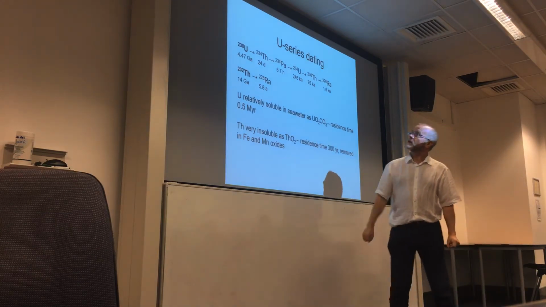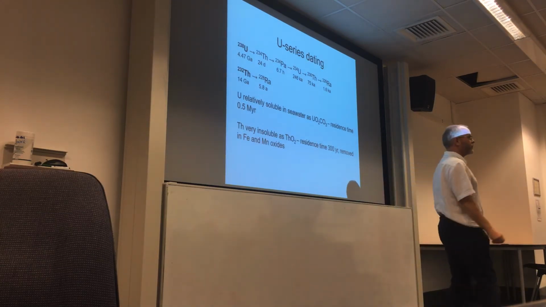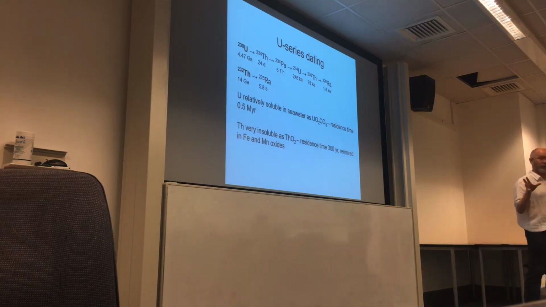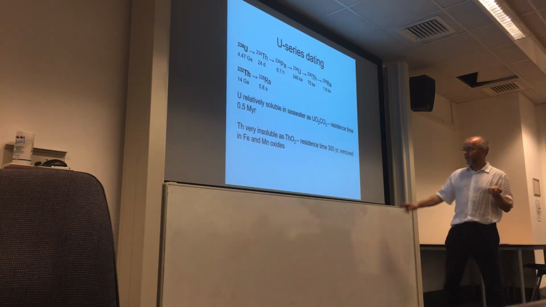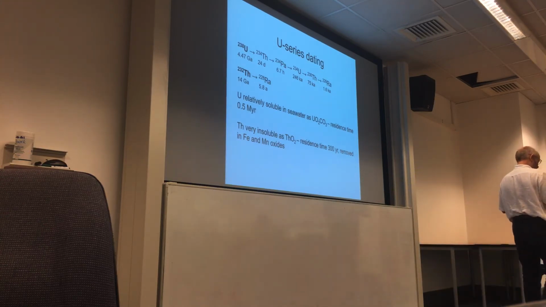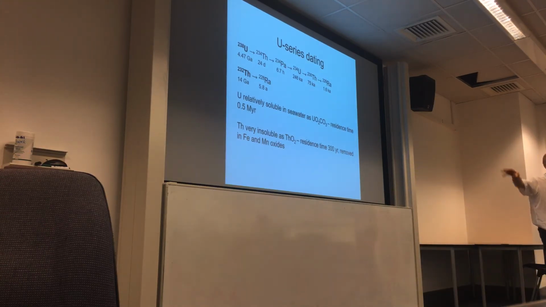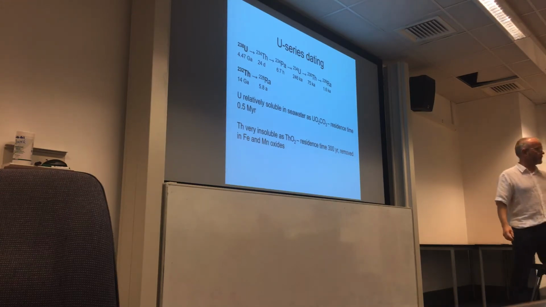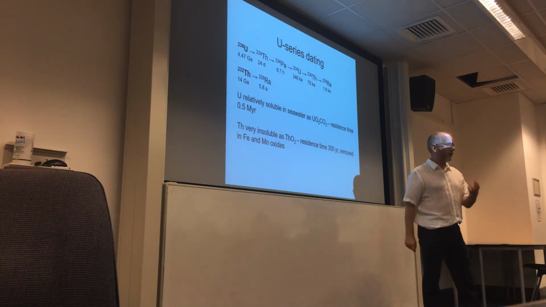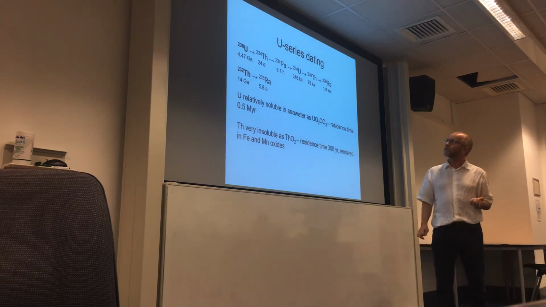First step, it decays to thorium-234. Well, thorium is much more insoluble than uranium, and it has an average residence time in seawater in dissolved form of only about 300 years before it is removed with iron manganese oxides and incorporated in iron manganese oxide rich sediments. Whereas uranium has a residence time of the order of a billion years or so.